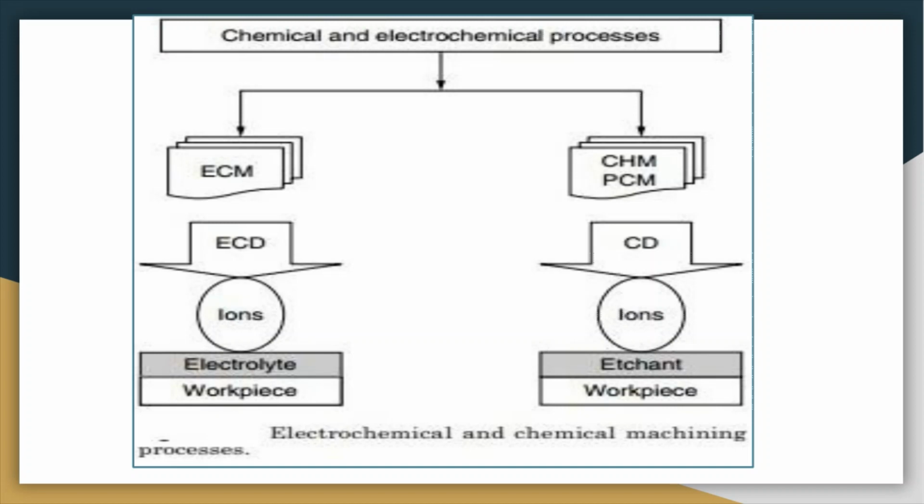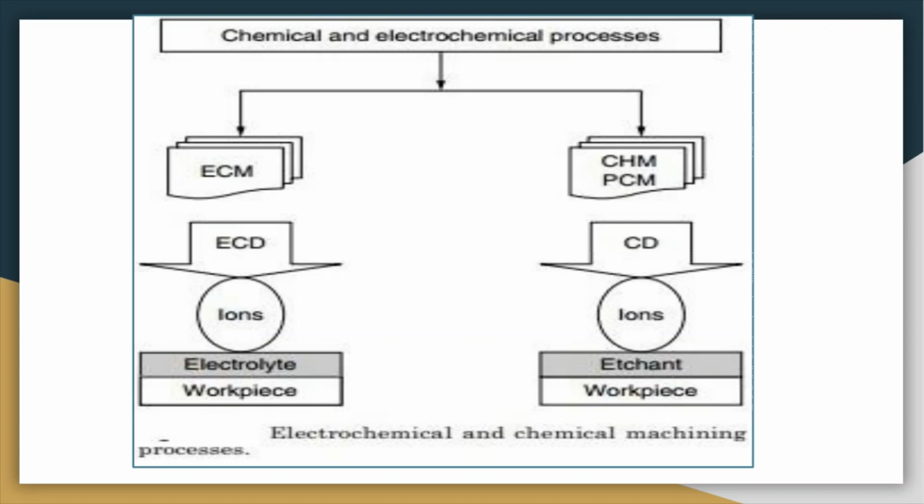Some of them can be used only for electrically conductive material, while others can be used for both electrically conductive and non-conductive material, and the performance of some of these processes is not very good while machining materials like aluminum, having a very high thermal conductivity. Also, these machining processes have their distinct characteristic features, hence selection of an appropriate machining process for a given situation or product requirement becomes very important.